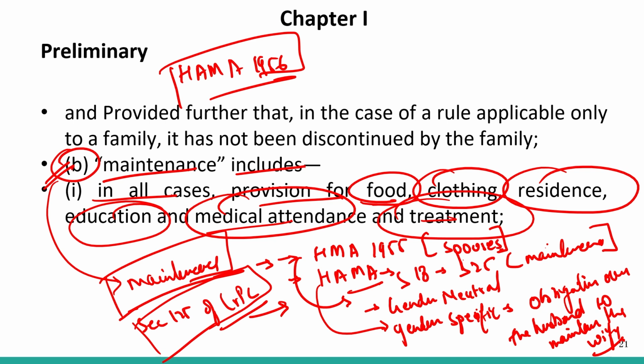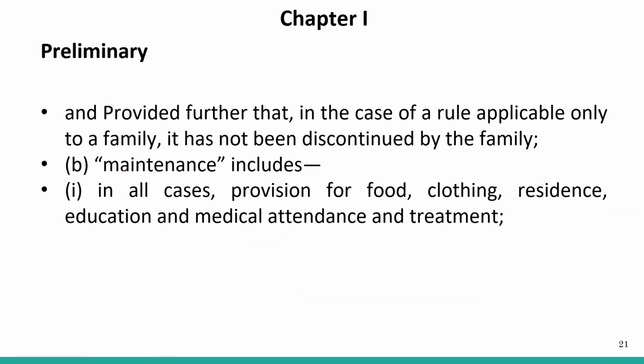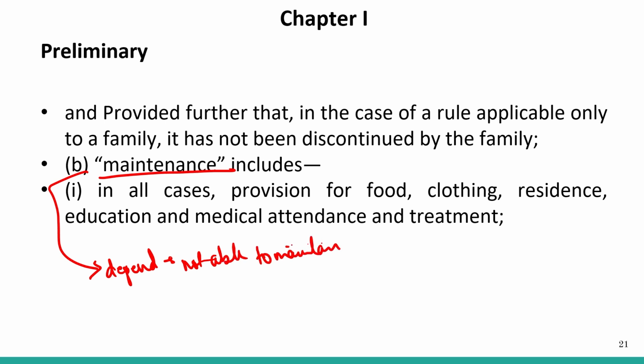What has to be taken into consideration is that there is a person who is dependent and not able to maintain himself or herself, and they must be provided all the requisites, all the essentials in the definition.